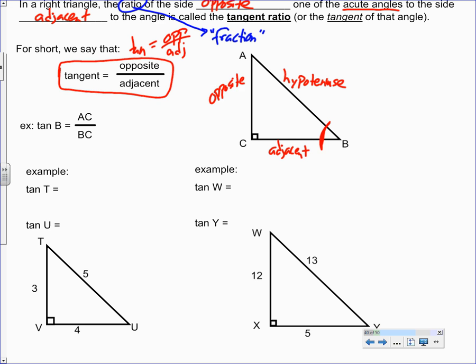So in our example on the picture, we're using B as a reference. It says tangent for angle B would be the length of AC, the opposite side, over the length of BC, the adjacent side. Then below we'll do one example where we have the actual numbers written in there.